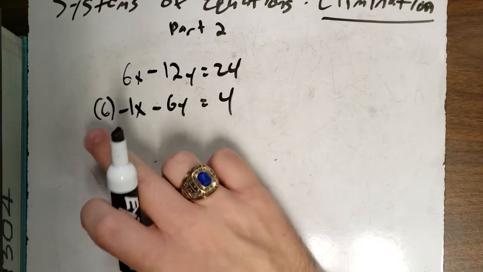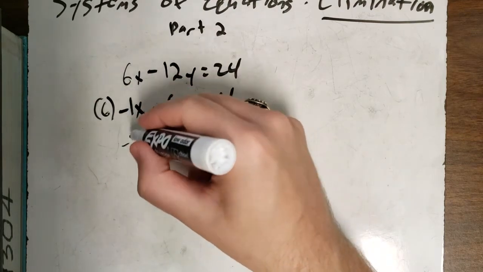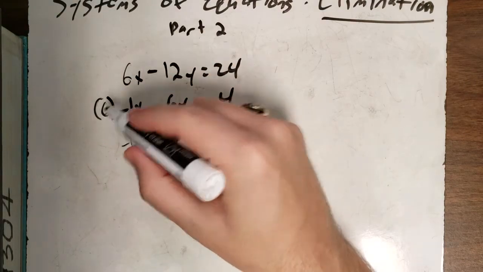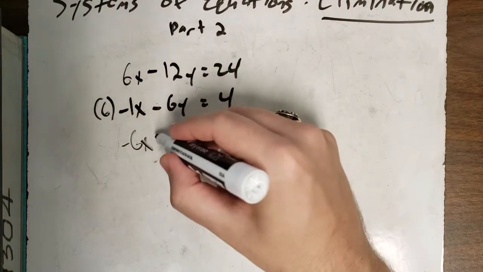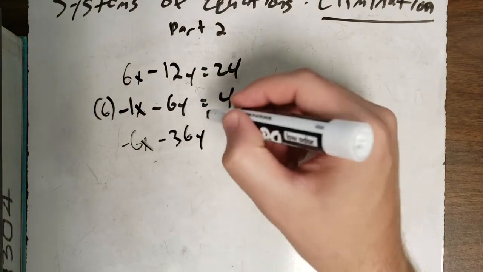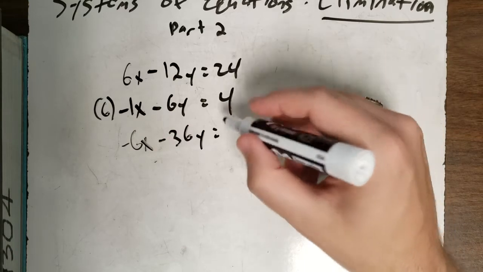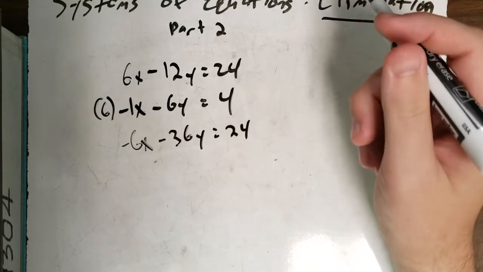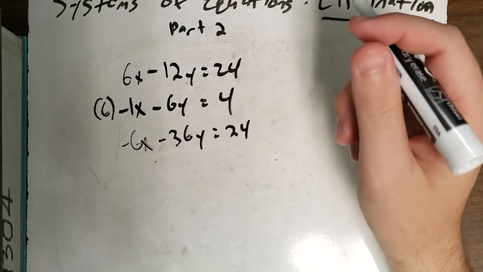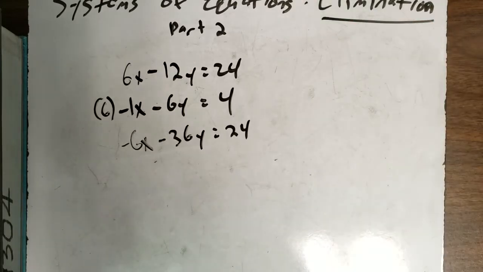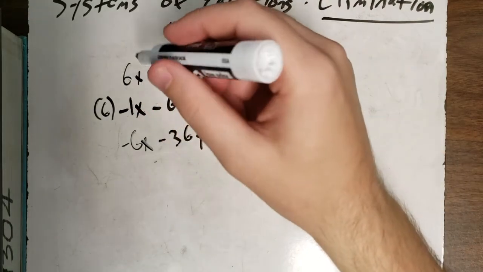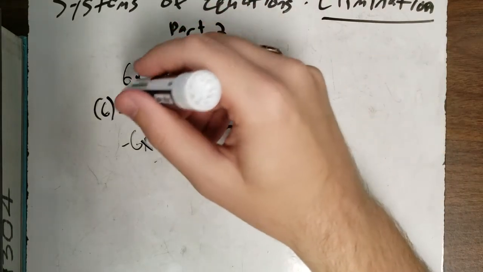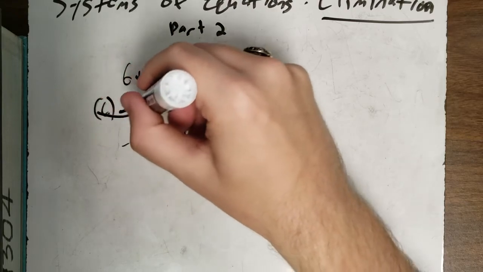So let's do that. 6 times negative 1x is negative 6x. 6 times negative 6y is a negative 36y. And 6 times 4 is 24. So now let's go ahead and cancel straight down. Now remember, we don't need this anymore.